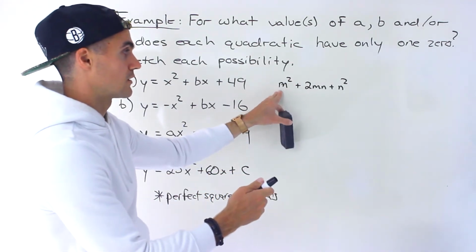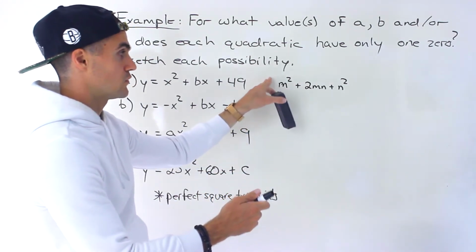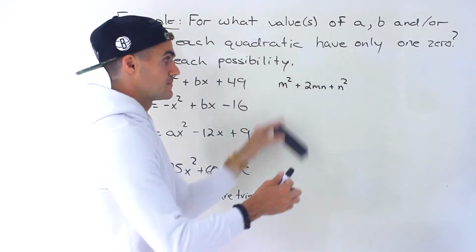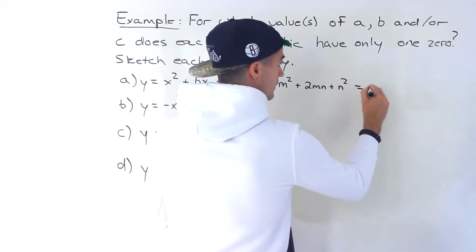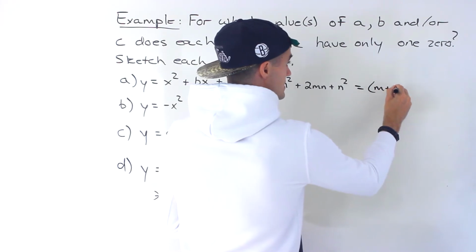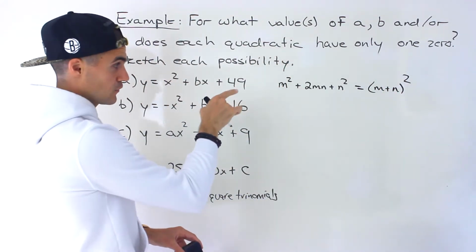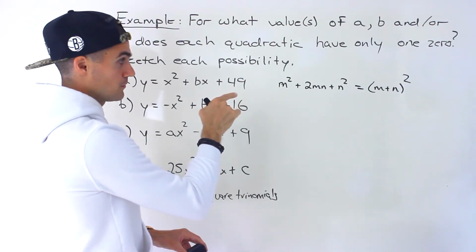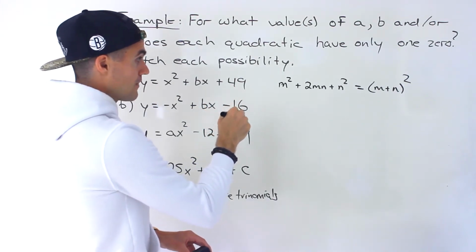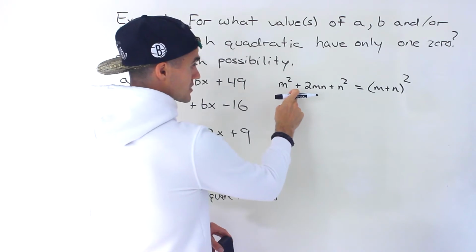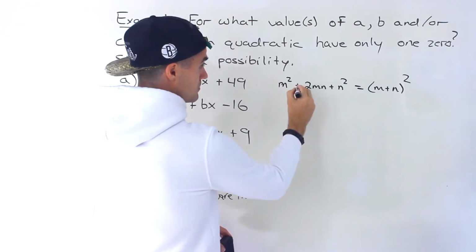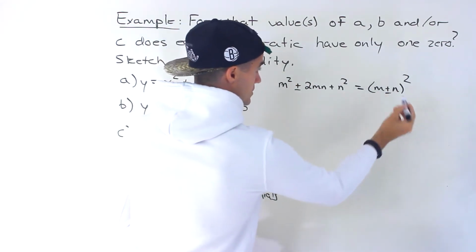It doesn't matter which letters you use. But if you remember, this factored into m plus n squared, right? We used this perfect square trinomial formula. And then also, this could be a plus or minus, so we could have plus or minus.